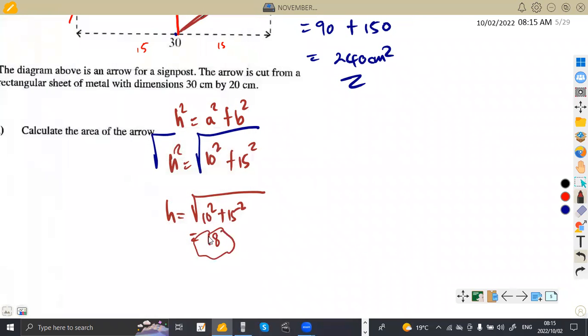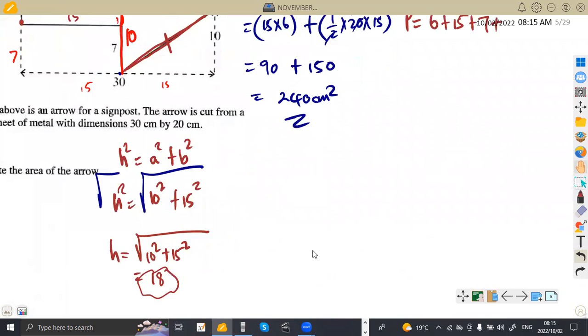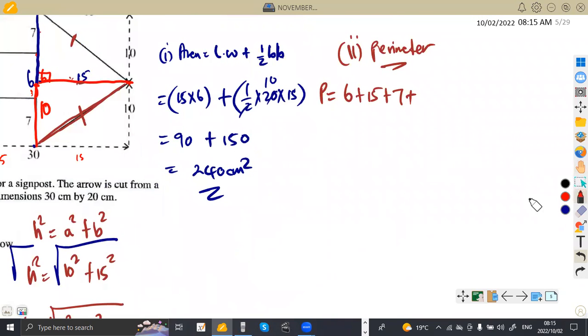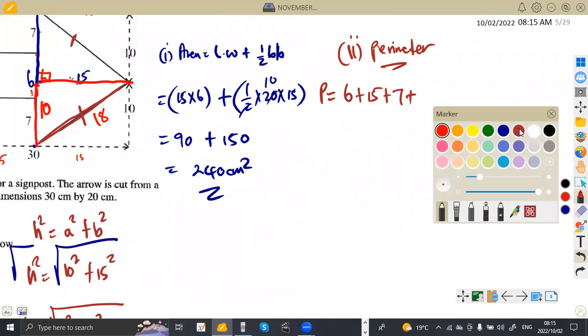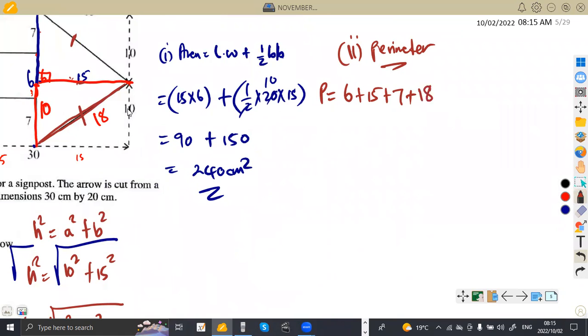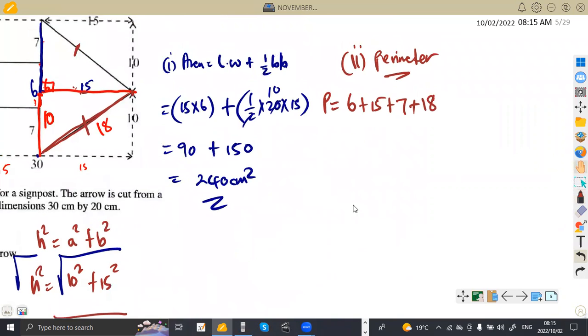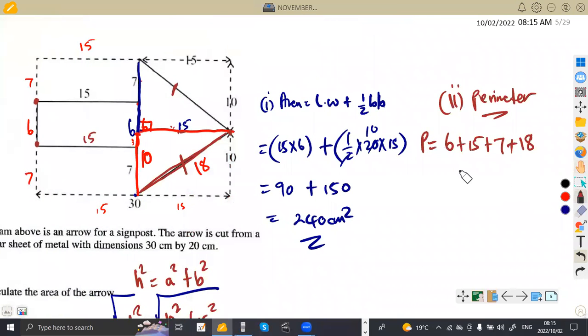All right, so now from the 18 that we got here, let us add everything. So remember, this is 18 for this side here. This is 18 for this one. So we are now at this point, so we're going to add that 18. All right, we are now at this point here. The same thing is happening from this point to this point, which is also 18.